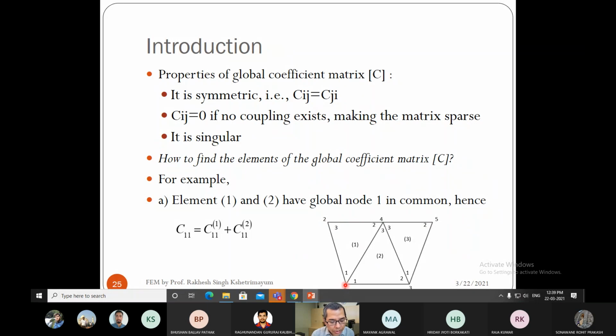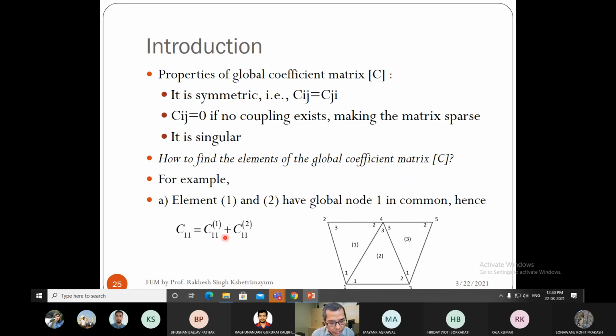But what you see here is that global node 1 is also local node number 1 for element 1, and local node number 1 for element 2 also. If I have the value of C11 for element 2 and C11 for element 1, then I just sum them up, and I get C11 for this global node number.